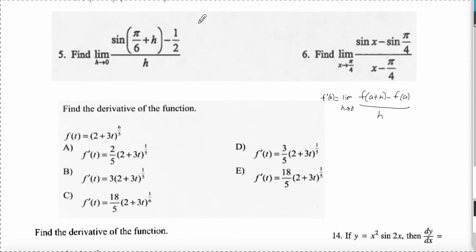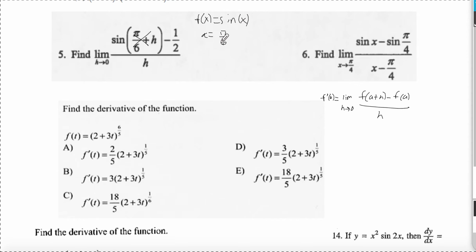So coming up here, what is this? This is really taking the derivative of the function. The function looks like sine of a plus h. I'm going to take that whole thing, because that's all replacing x. Think of it that way, sine of x is my function, and a plus h is replacing it. My a value, where I'm taking the derivative, is pi over 6.